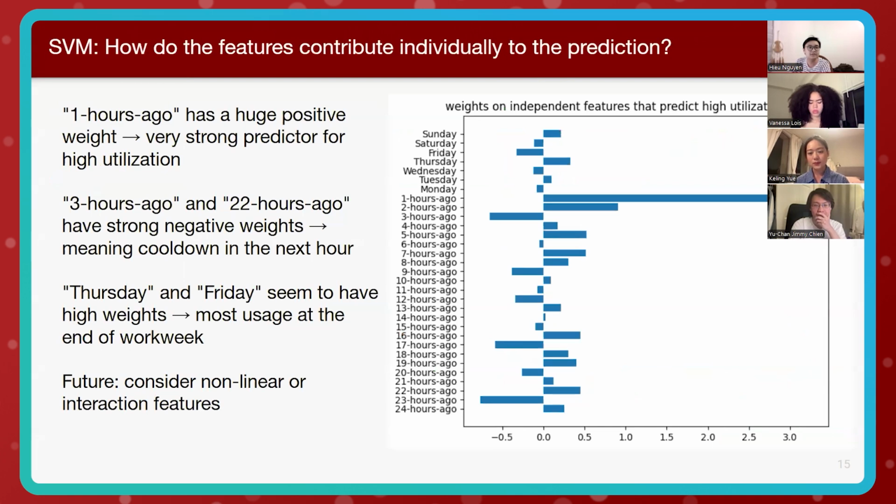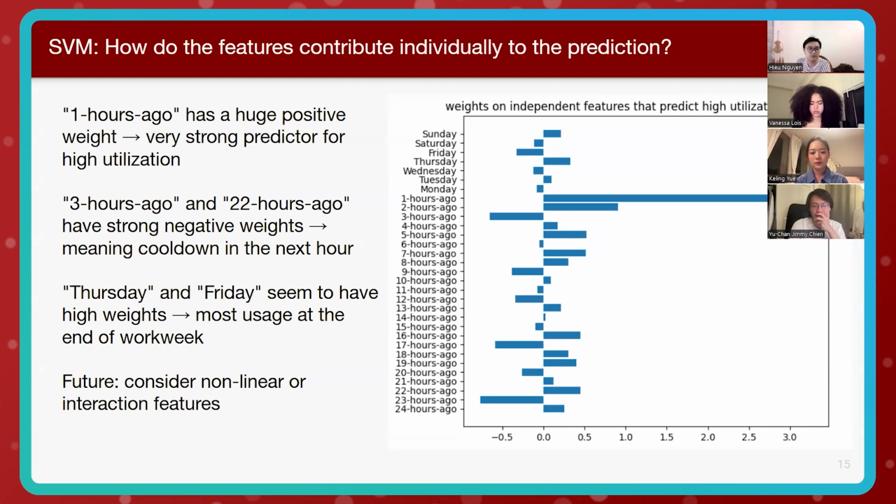And here is the individual contribution of the features to the predictions. As you can see, 1 hour ago has a huge positive weight, which indicates a strong predictor for higher utilization. This makes sense because 1 hour ago is the most recent feature in the data. 3 hours ago and 32 hours ago have some strong negative weights, meaning there's a cooldown in the next hour from the past.